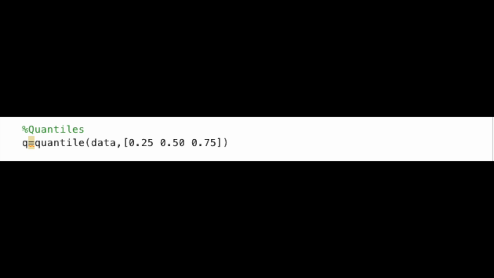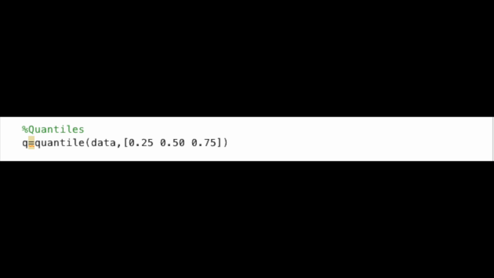And then we need to give it an array of separators, separating the interval from 0 to 1 into the quantiles that we want. Since we are computing quartiles, our separators are going to be 0.25, 0.5, and 0.75.